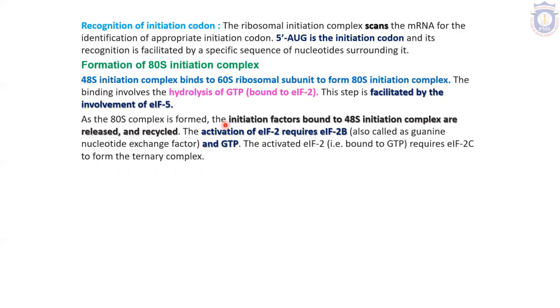and recycled. The activation of eukaryotic initiation factor 2 requires eukaryotic initiation factor 2B, also called guanine nucleotide exchange factor, and the GTP. The activated eukaryotic initiation factor 2 that is bound to GTP requires eukaryotic initiation factor 2C to form the ternary complex.